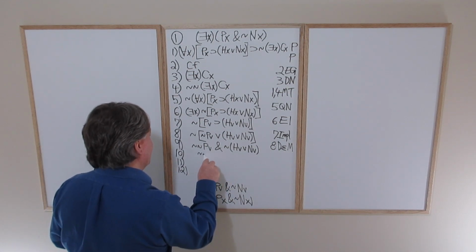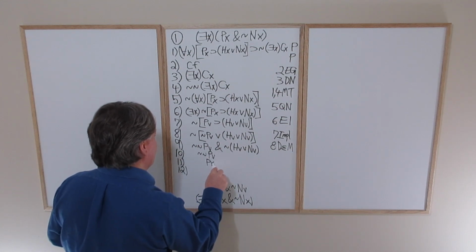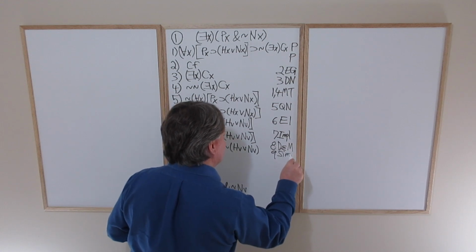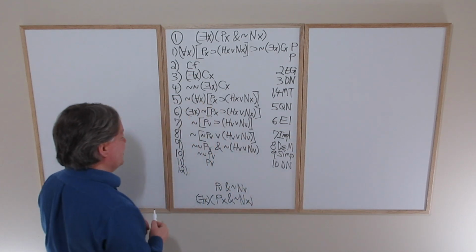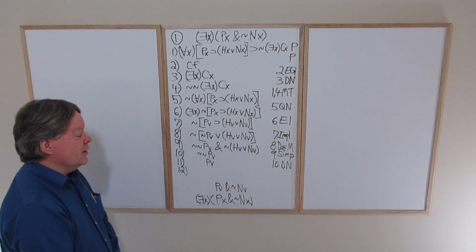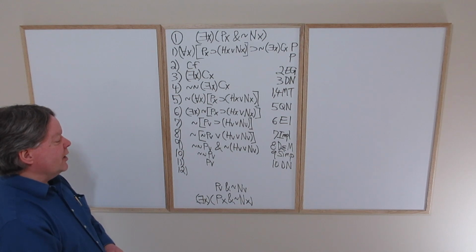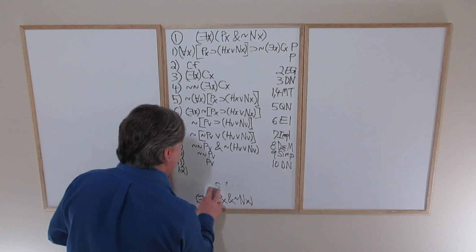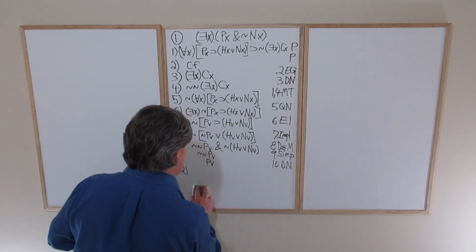First, tilde tilde PV and then PV, so that's 9 simp, ten double negation. So we're going to get PV and tilde NV by conjunction and then do an EG. So all we have to do is get tilde NV. I'm going to have to erase this. I should be able to fit it in the space if I write a little smaller.